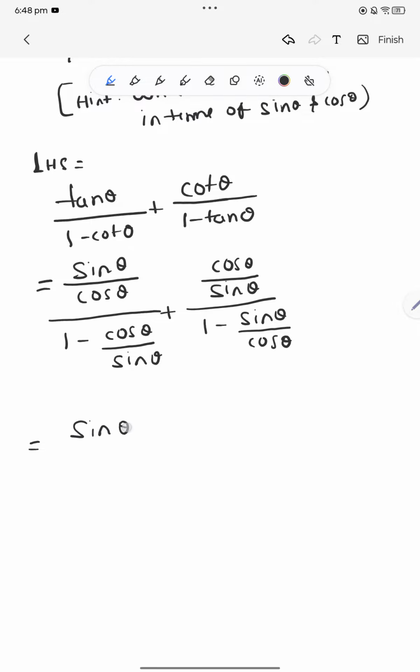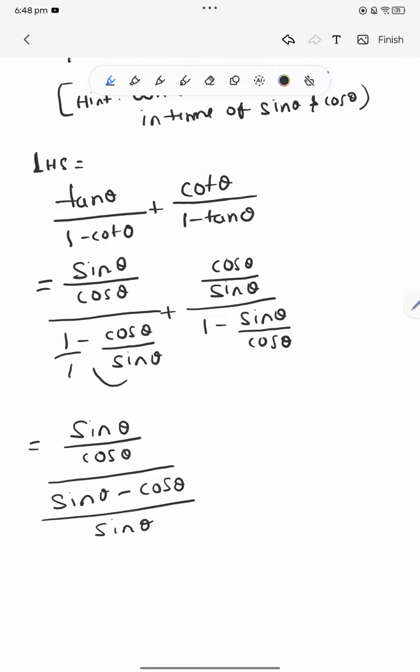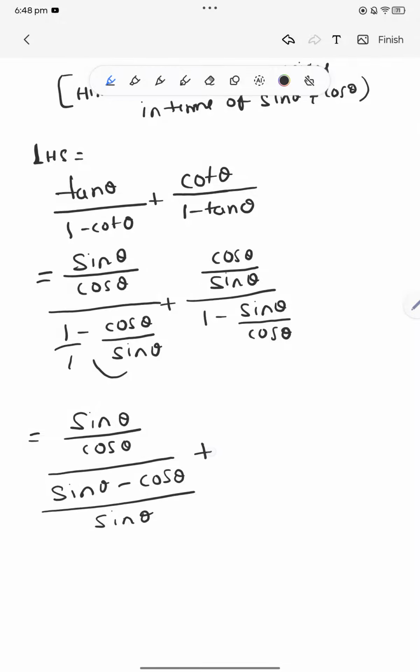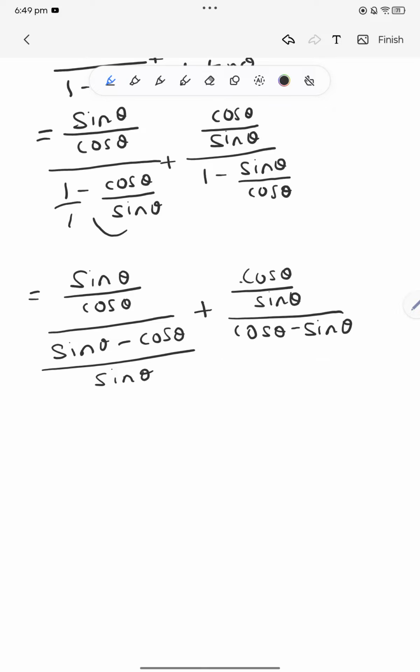Sin theta by cos theta divided by sin theta minus cos theta by sin theta, plus cos theta by sin theta divided by cos theta minus sin theta by cos theta. So a by b is in that form.